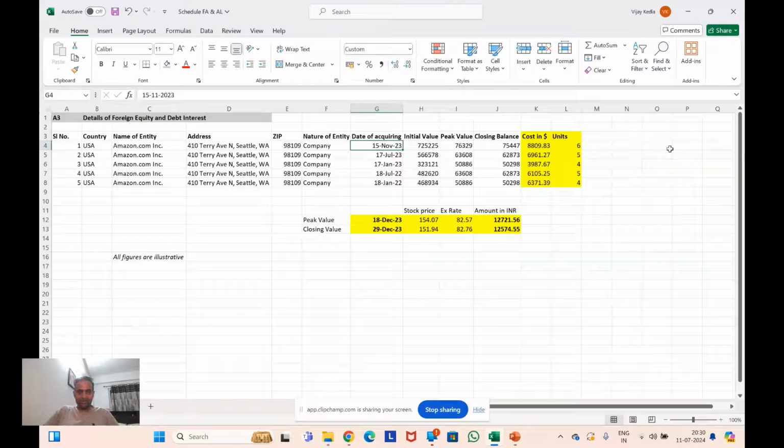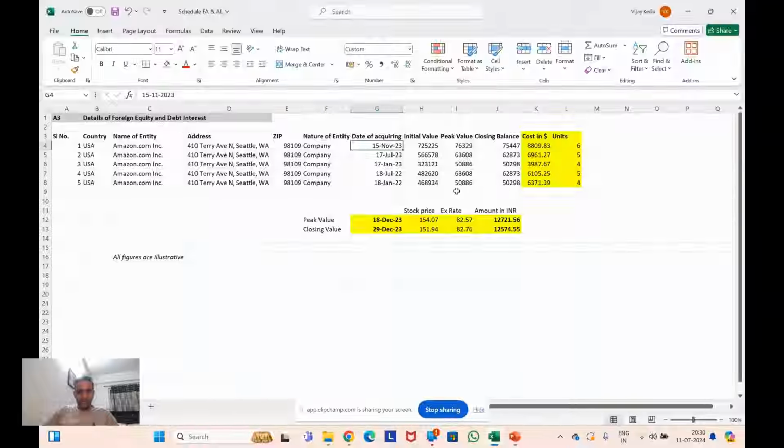In this case, the foreign country is the US, and the calendar followed in the US is January to December. So you need to only declare assets till 31st December. Whatever assets you had in your account on 31st December, those details you need to fill in here.